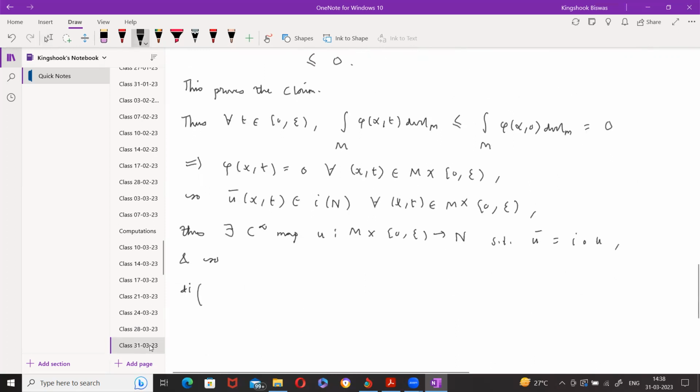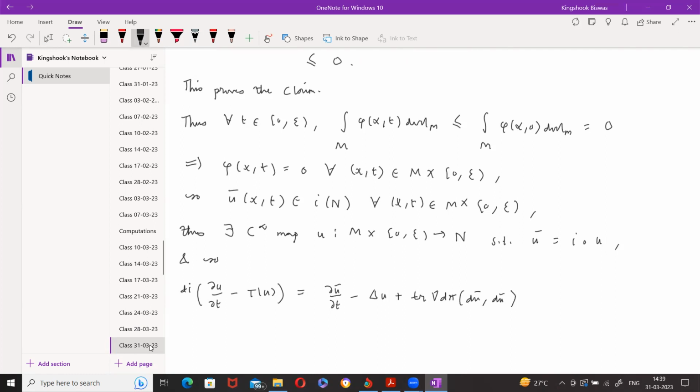Yeah, so d i of del u del t minus tau u will be equal to del u bar del t minus Laplacian u plus trace of nabla d pi du bar du bar.